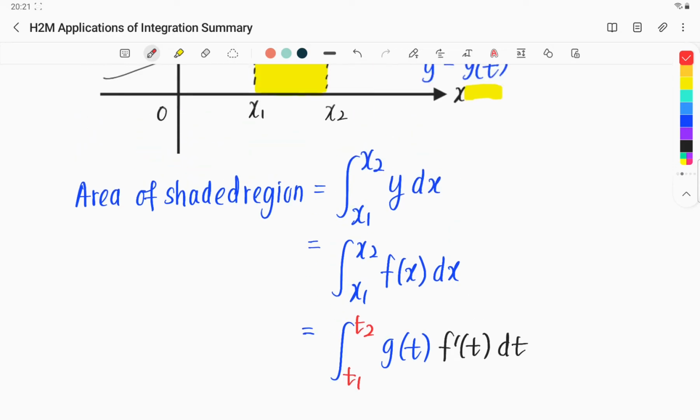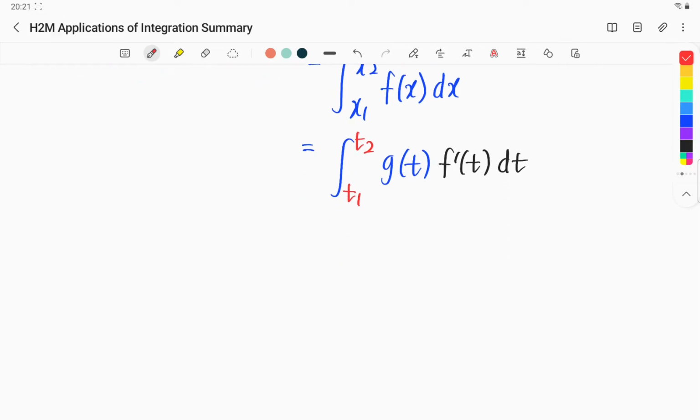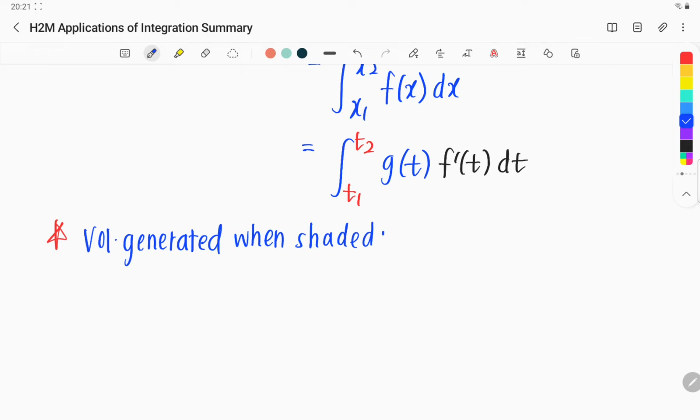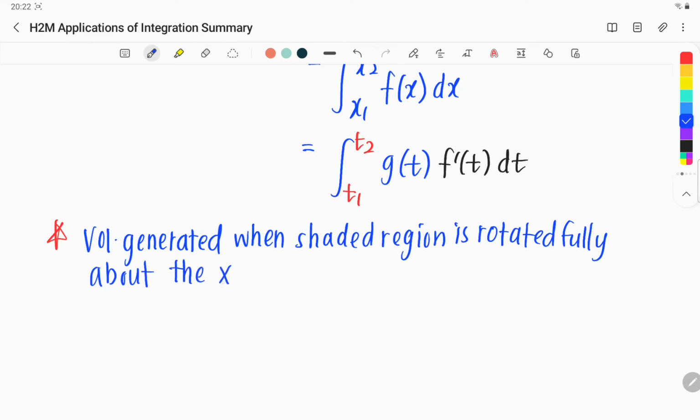Now, let's go on to another concept that is heavily tested in the A levels. It's called the volume of revolution. So follow along with me. Volume generated when the shaded region is rotated fully about the x-axis.